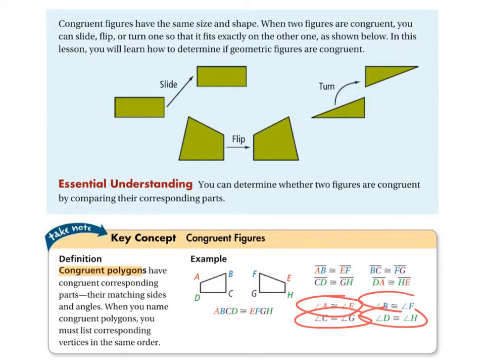Got it? Okay. That is contingent upon you writing the name in the correct position. You write each vertex that matches in the correct position, and then you can just say, what are the first two letters? That corresponds with the first two letters for that side, etc. And the same thing with the vertices for the angles.